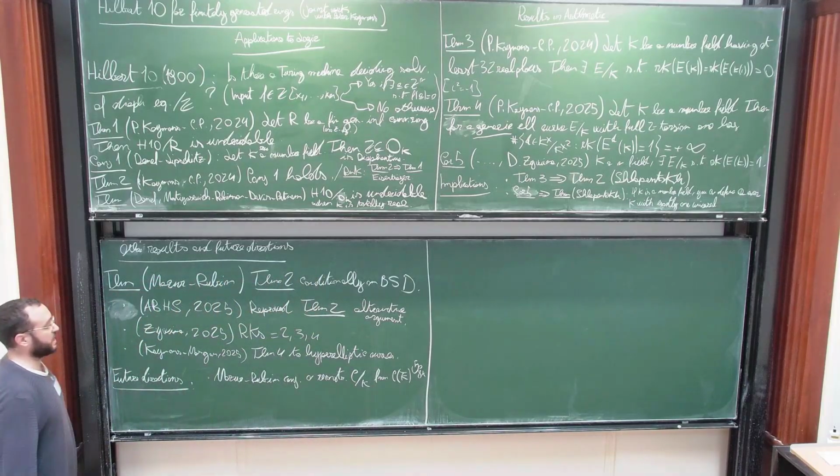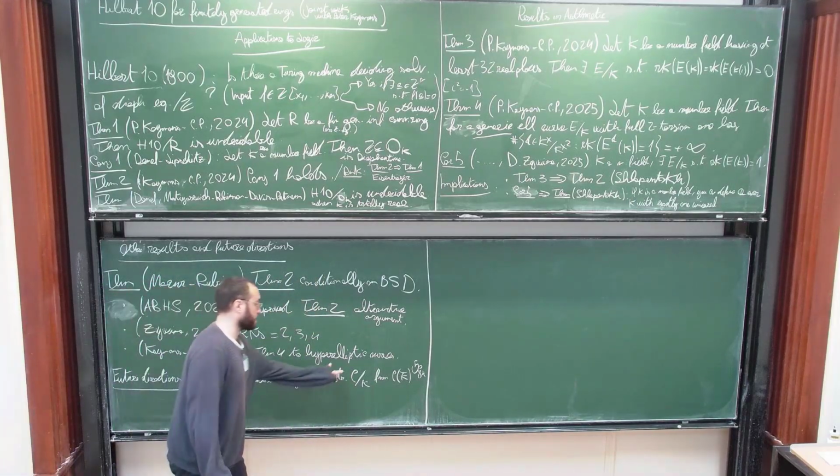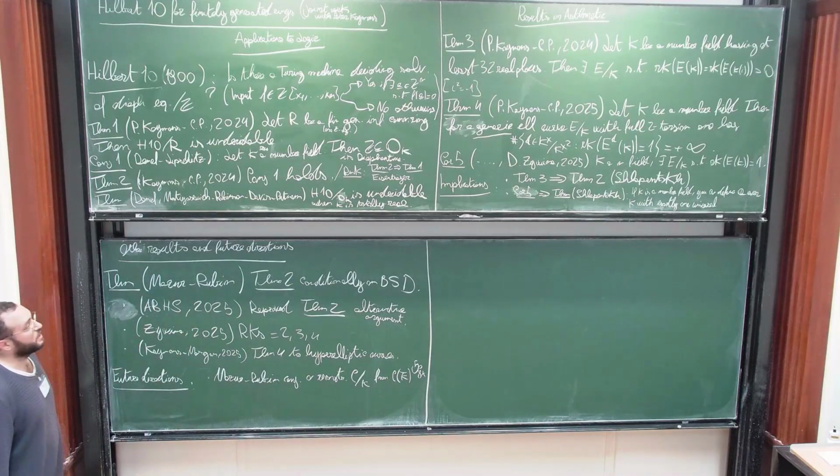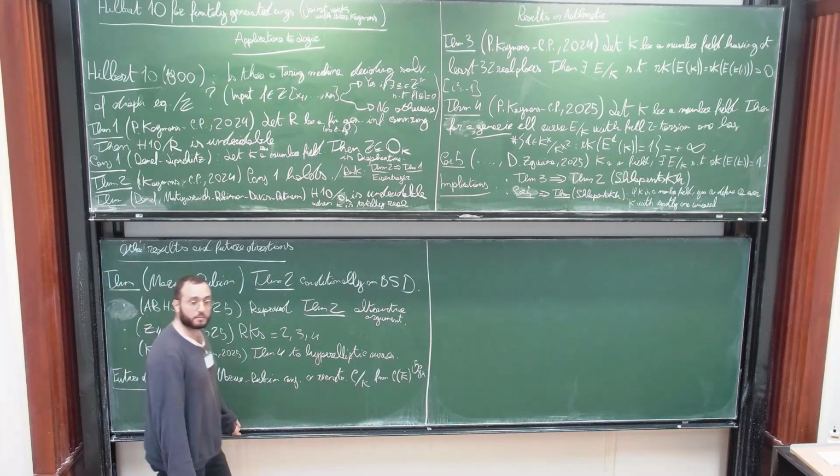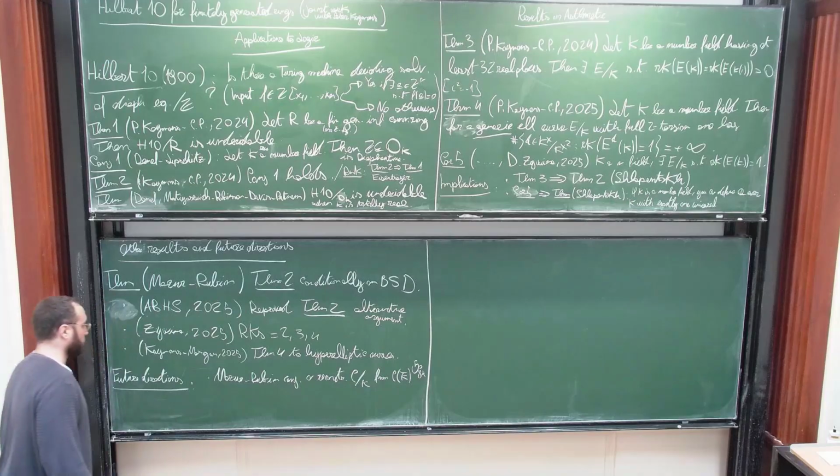So these data should be enough to reconstruct conjecturally the curve, and I believe that you can use the methods of theorem 4 to prove this for a generic pair of elliptic curves. This has not yet been done, but it is work in progress.